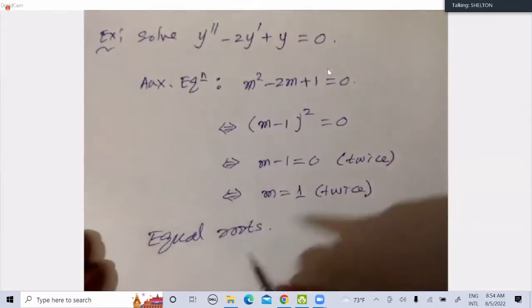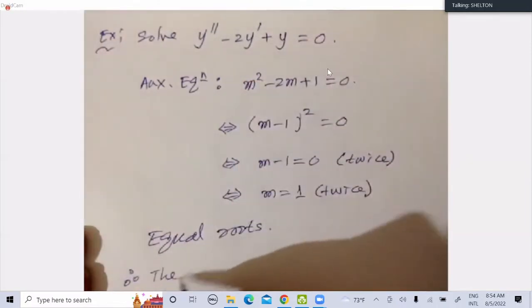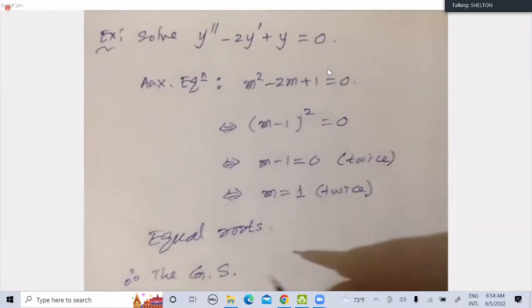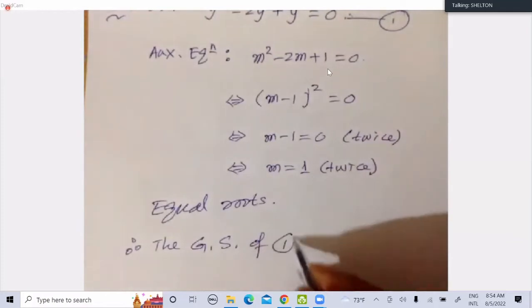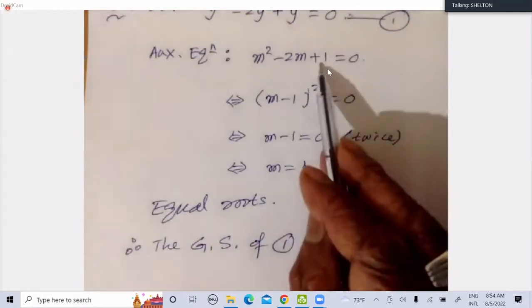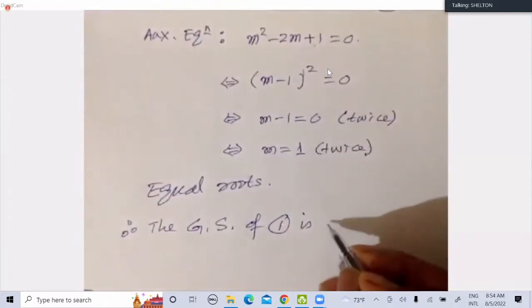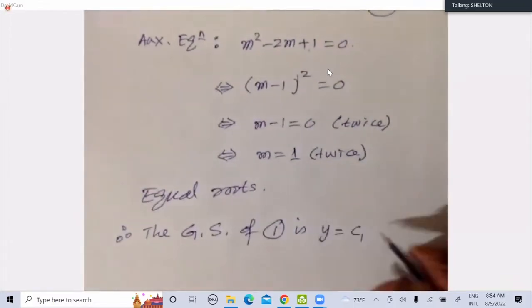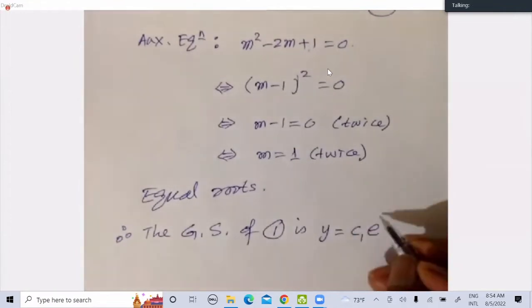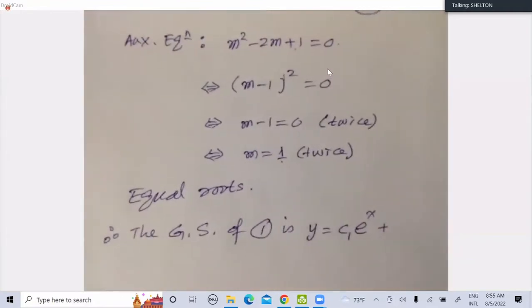Therefore, what are the solutions? The general solution of this is y equals C1 e to the m1x, where m1 is 1, so C1 e to the x, plus... you cannot say C2 e to the x again because it appears twice.